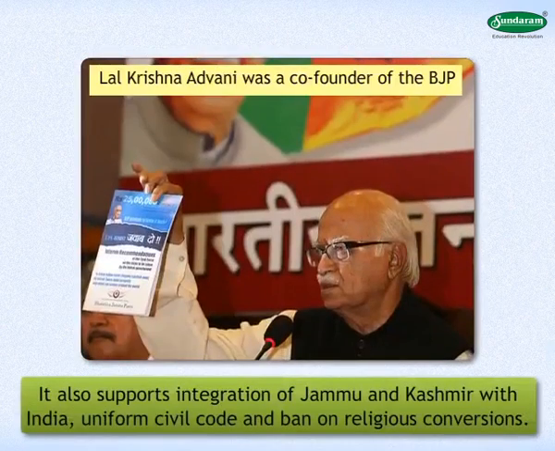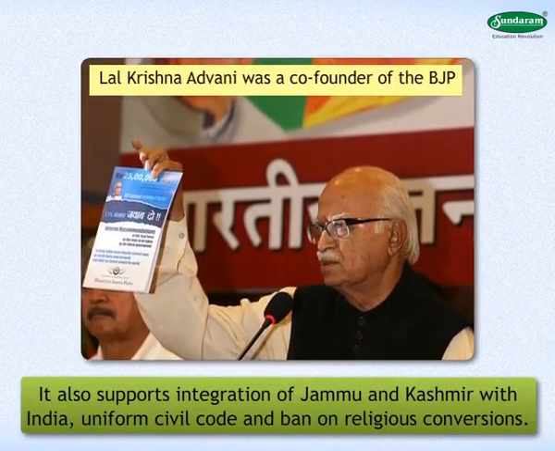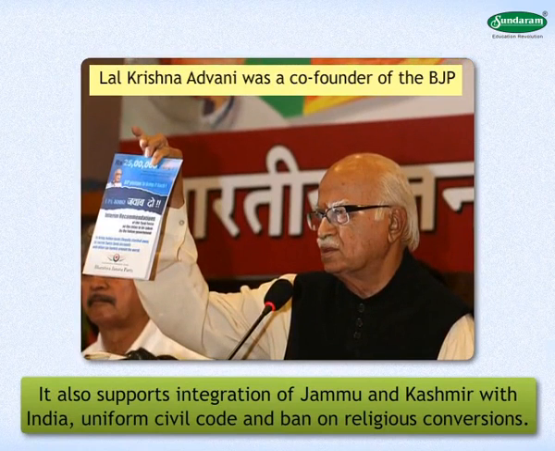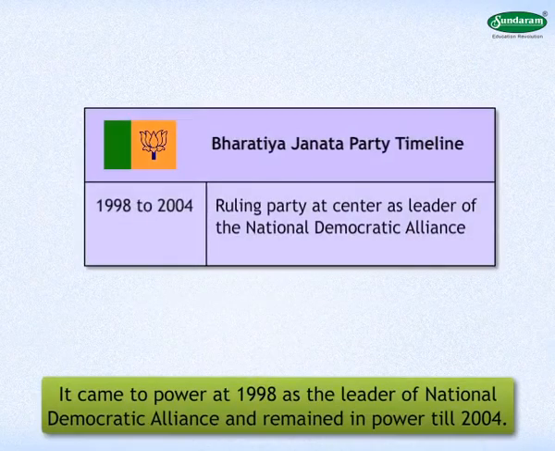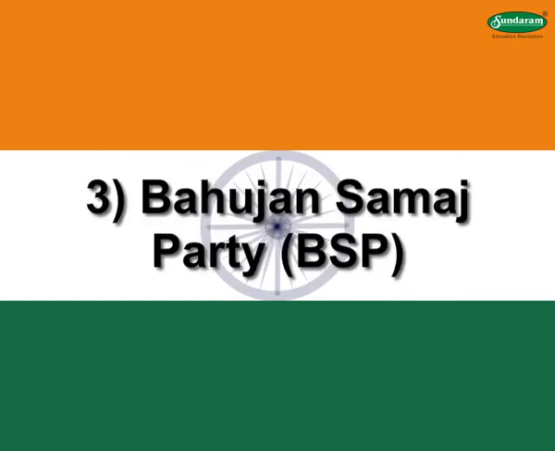It also supports integration of Jammu and Kashmir with India, uniform civil code, and ban on religious conversions. It came to power at the centre in 1998 as the leader of National Democratic Alliance and remained in power till 2004.